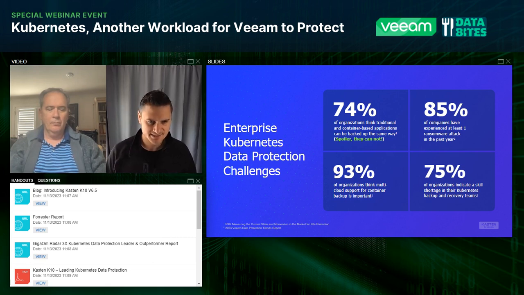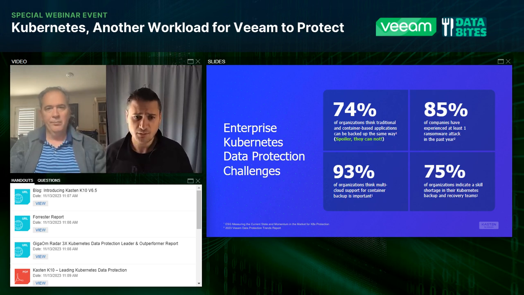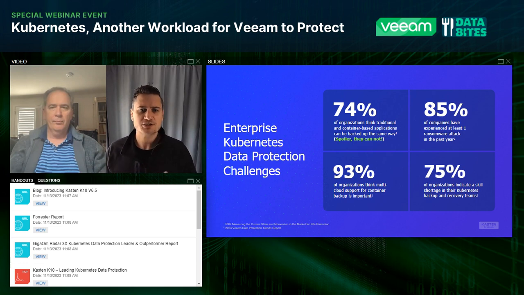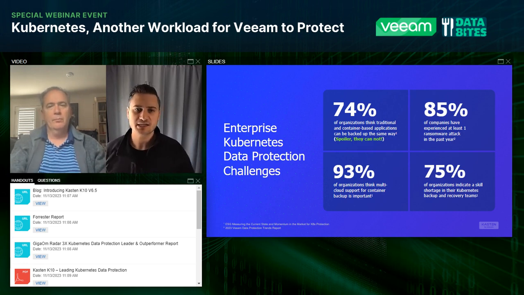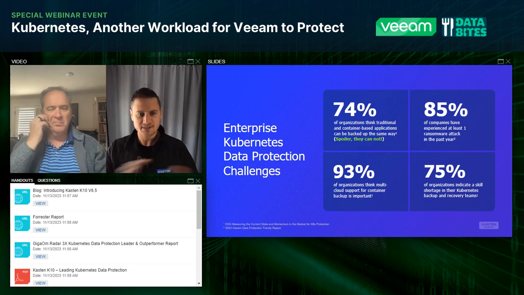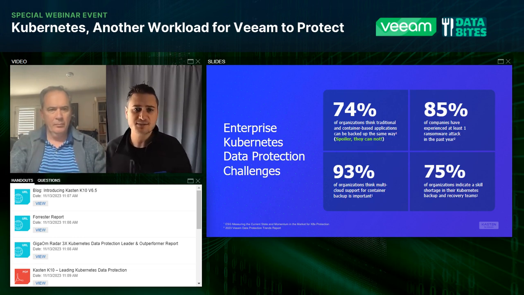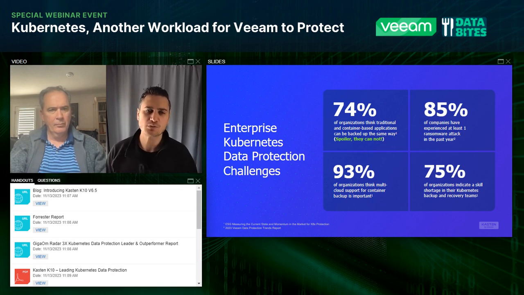I see somebody here asking about persistent data, which is absolutely something we'll talk about. Yes, something that we can move and back up with Kasten by Veeam, but we need a solution that works among these multiple clouds to prevent that vendor lock-in. And even cost aside, like you said, Matt, some clouds lend themselves to different workloads than others, so we need to make sure we can move our workloads to where they're best suited.